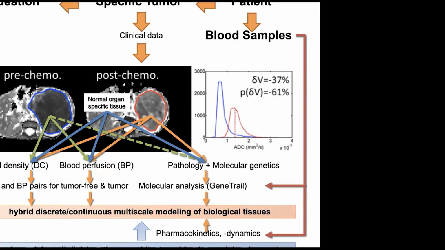For example, we have here the question of the ADC values and cell density, which will show you not only if the tumor is shrinking during chemotherapy, but also if cell density is going down or up. This can be done with diffusion-weighted imaging. We can look into blood perfusion, looking into the imaging data, etc.